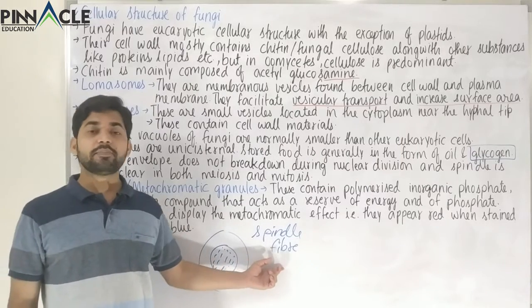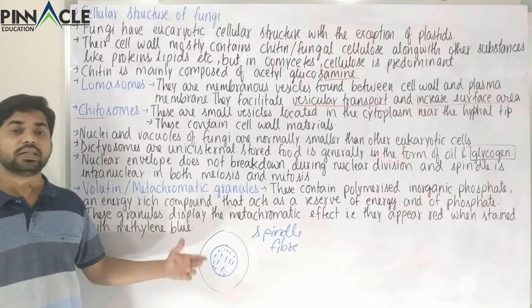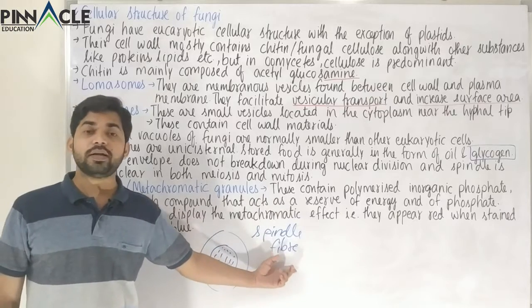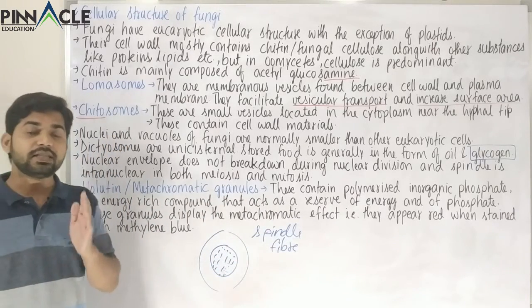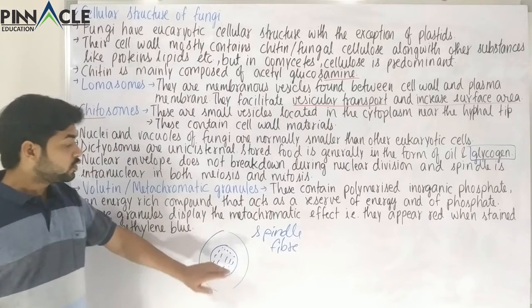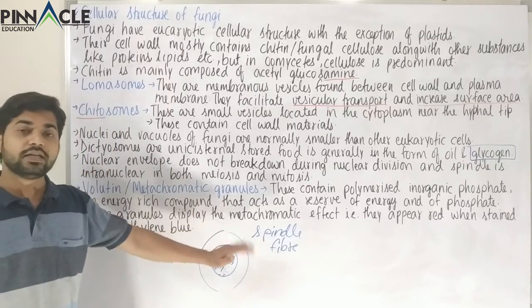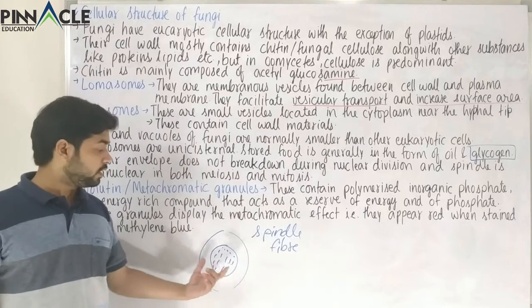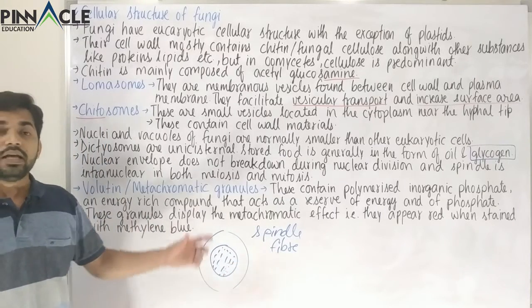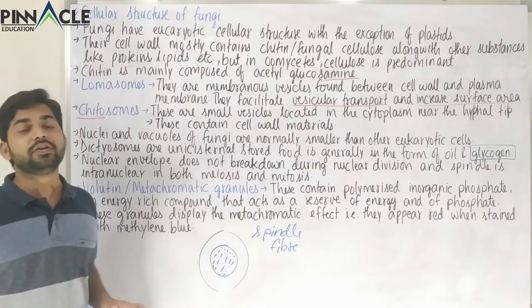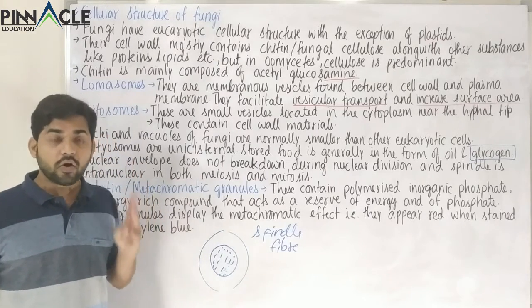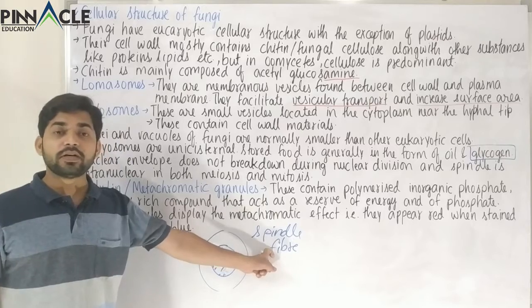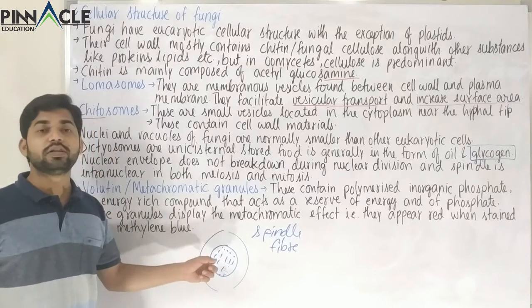So we will study karyokinesis, nuclear envelope breakdown, and spindle fiber formation in the chapter Cell Division, that is the 10th chapter of standard 11th. These will be studied in detail in that chapter, but here we must remember that fungal nuclear division does not involve nuclear membrane breakdown, and the spindle fibers will be formed inside the nuclear membrane.